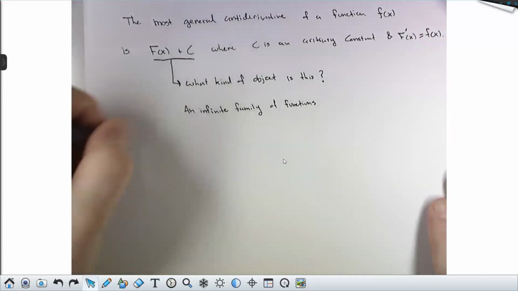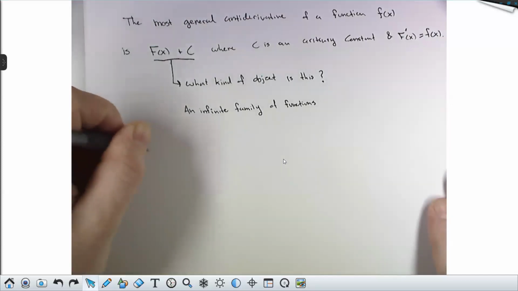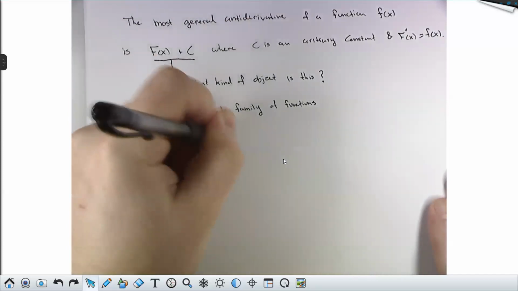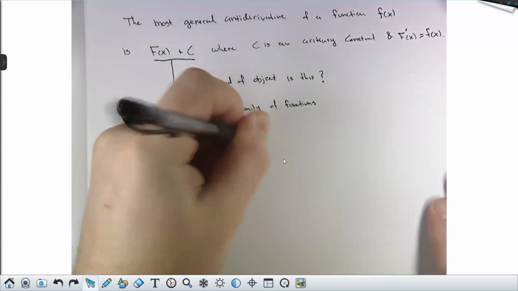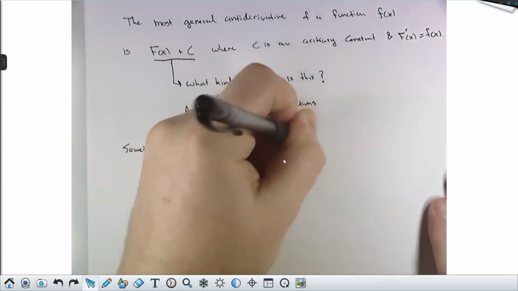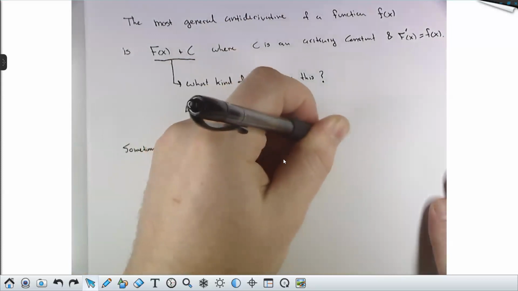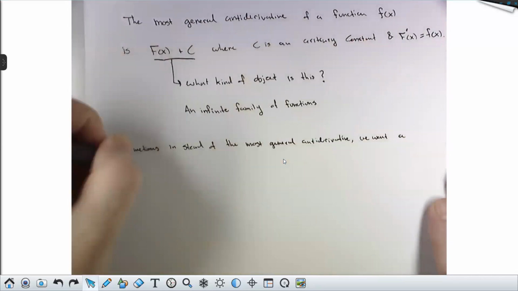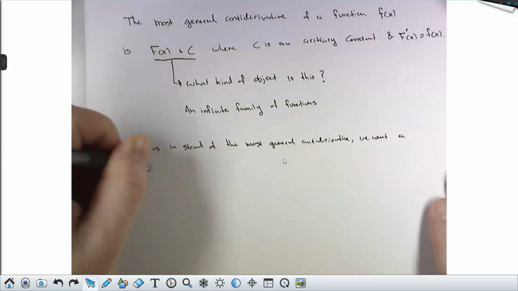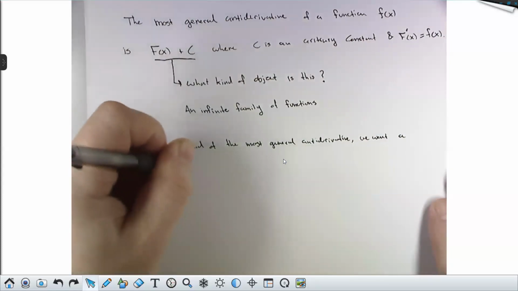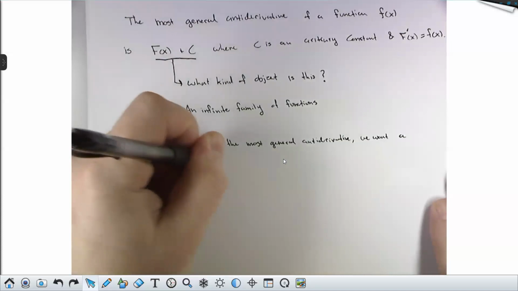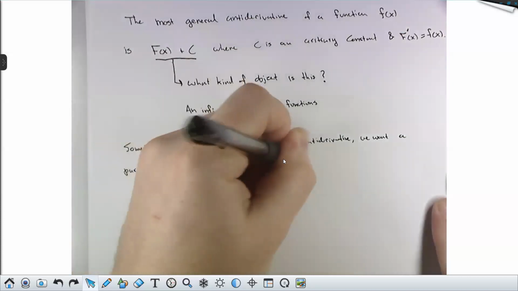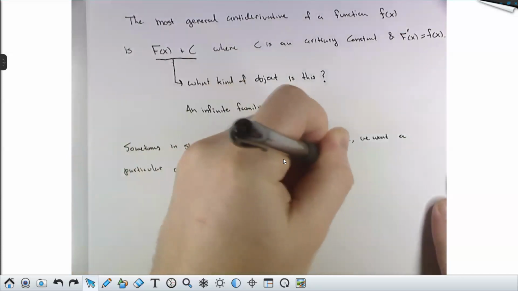Sometimes, instead of the most general antiderivative, we want a particular antiderivative satisfying what are called initial conditions.